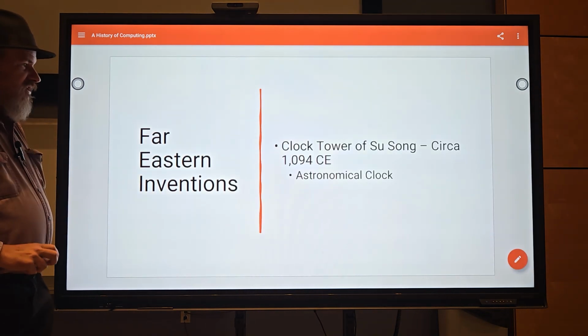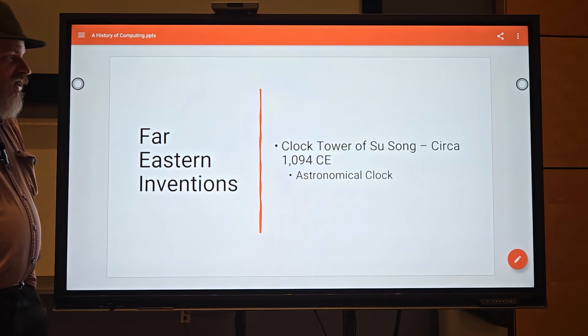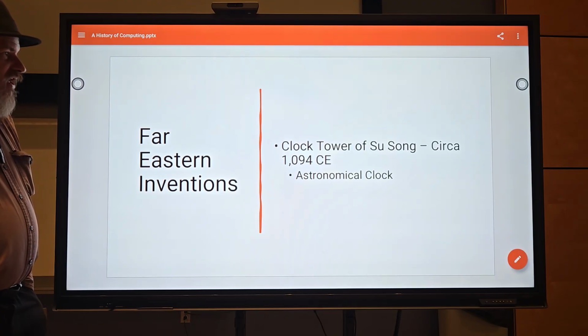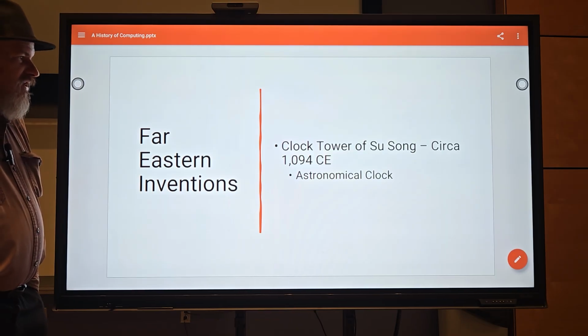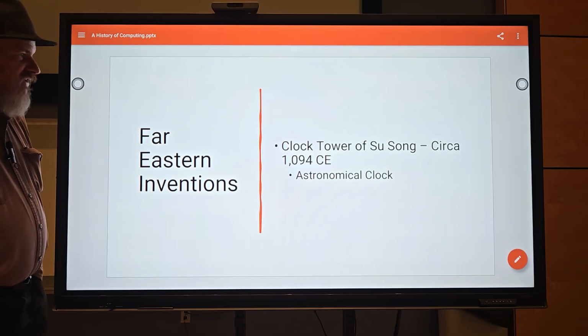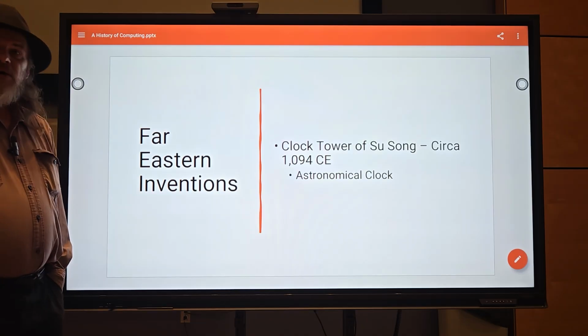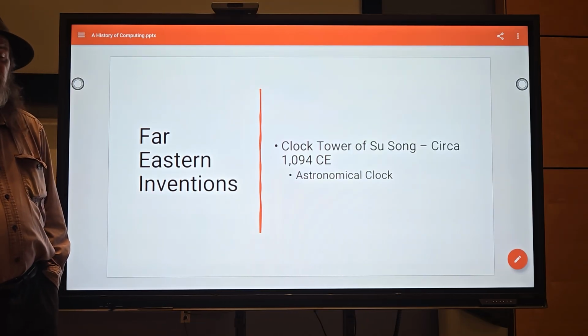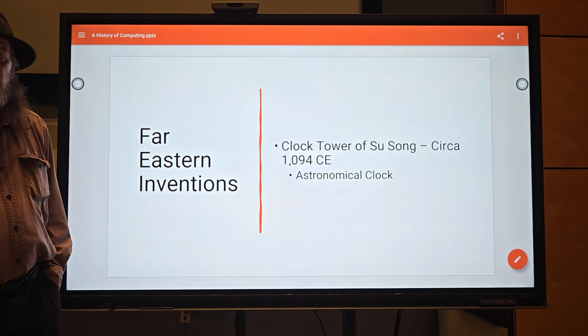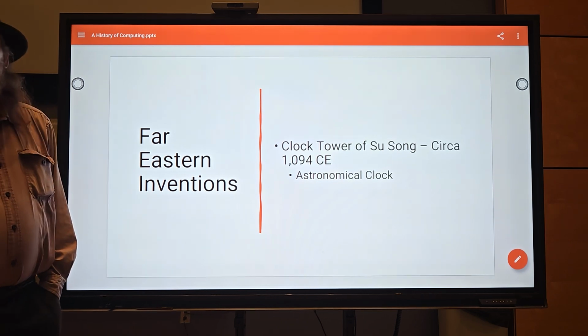Far Eastern, in China, they had the clock tower of Su Song around 1094. It was an astronomical clock, again, with astronomy. Fascination wasn't just Eastern or Middle Eastern, it was Far Eastern as well as everywhere.